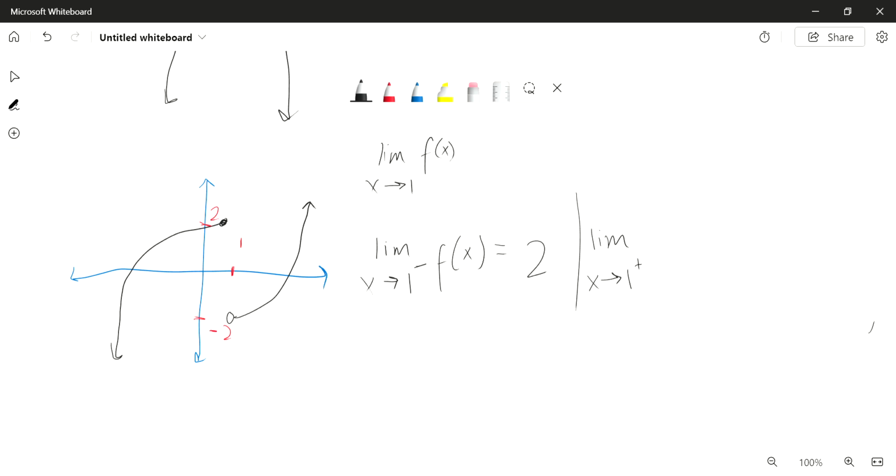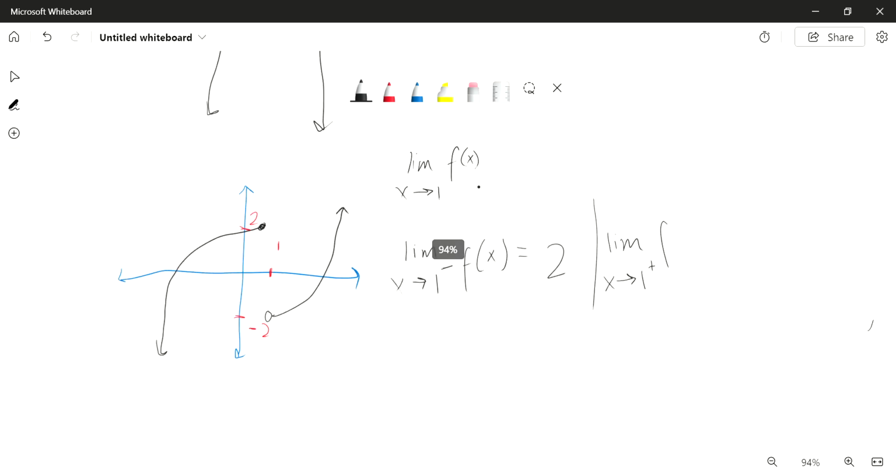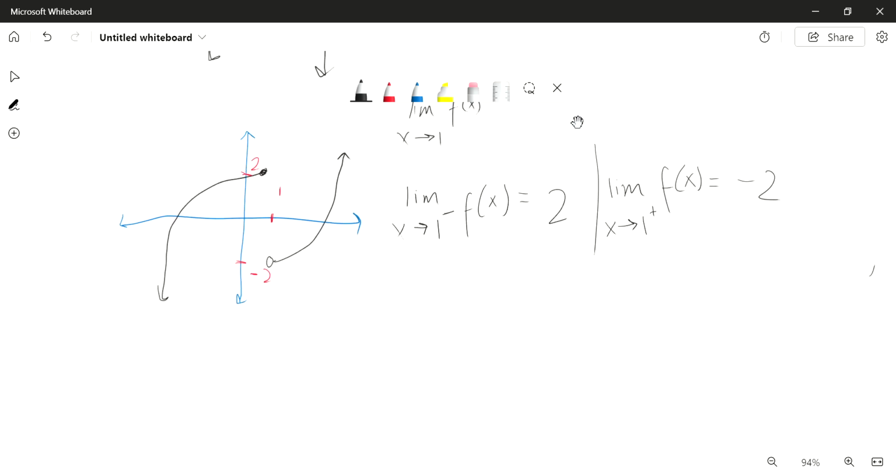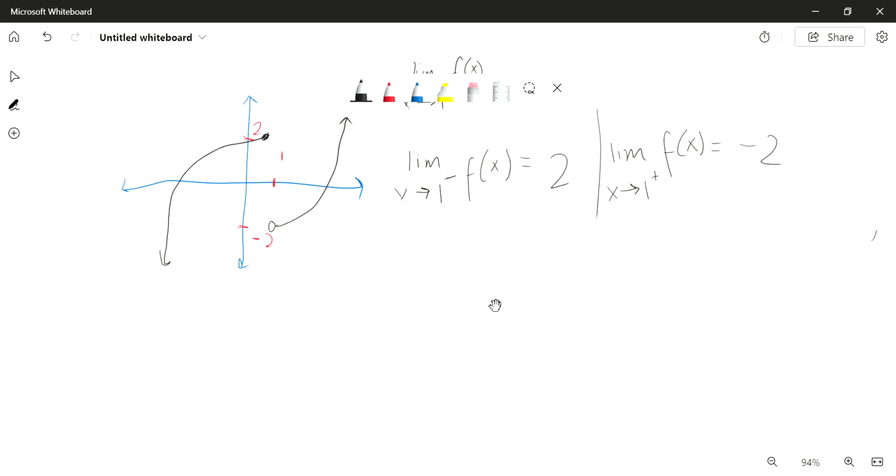But if you do the same thing from the right-hand side, and instead of a minus you put a plus because you start from infinity, and find the limit of f of x from the right, you get -2. Since both of these are not equal, the limit does not exist. And if the limit does not exist, it can definitely not be continuous. So that explains the jump discontinuities that were covered in the previous video.